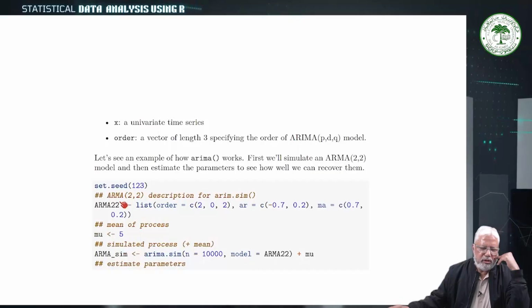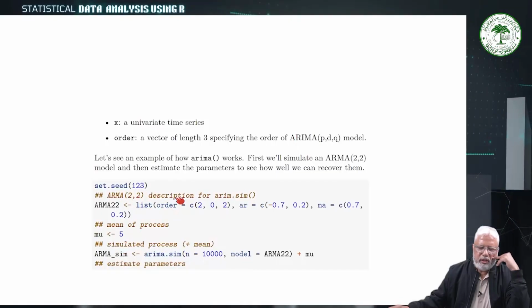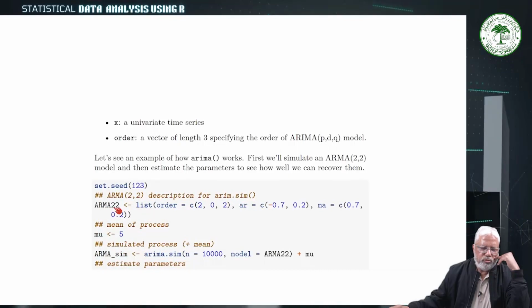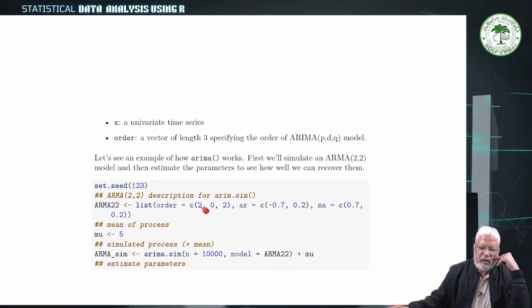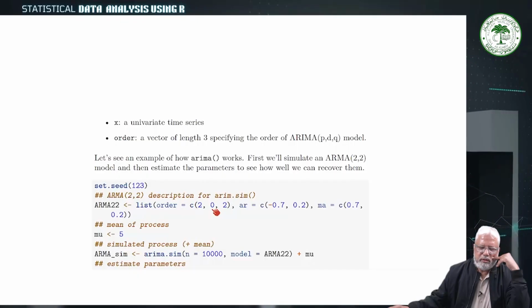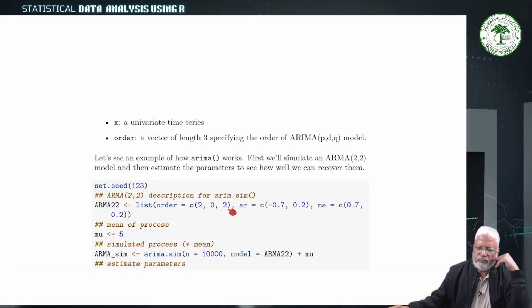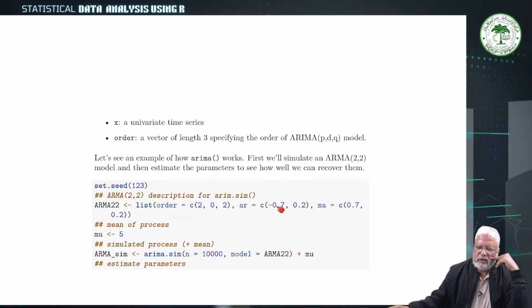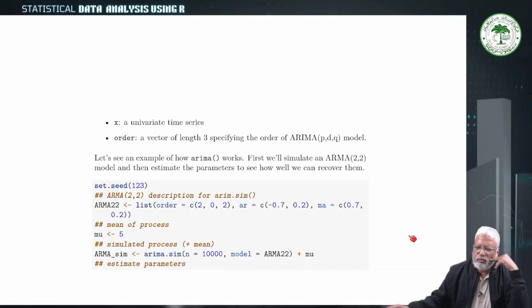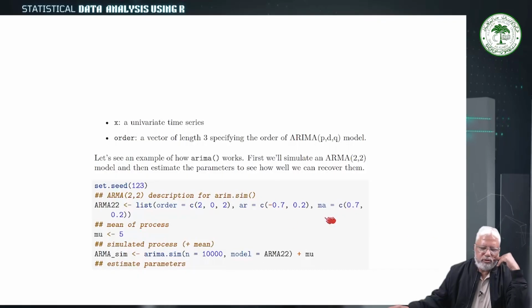Set.seed(123), ARMA2, description of an ARIMA. So, ARMA2 list order c. Here p is 2 and q is also 2, but the difference is 0. For the AR coefficients, here it is negative and here it is positive, whereas the MA coefficients are both positive.